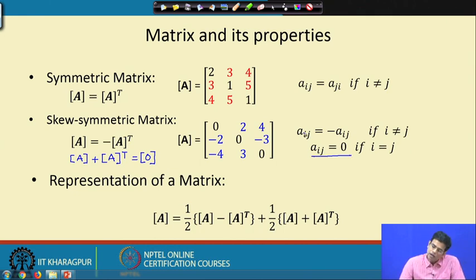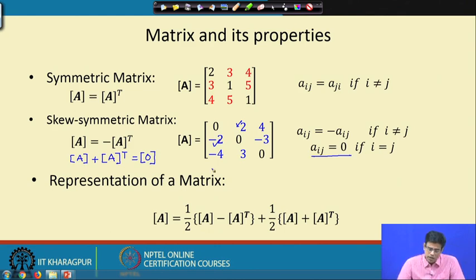So, the skew symmetric matrix, sometimes also known as the antisymmetric matrix, is one where a_ij is minus a_ji when i not equal to j. That means the off diagonal elements of the matrix are negatives, but they are the same in magnitude, right, only the sign flips. So, here for instance, this 1 2 element is just the negative of the 2 1 element. Similarly, all other off diagonal elements.